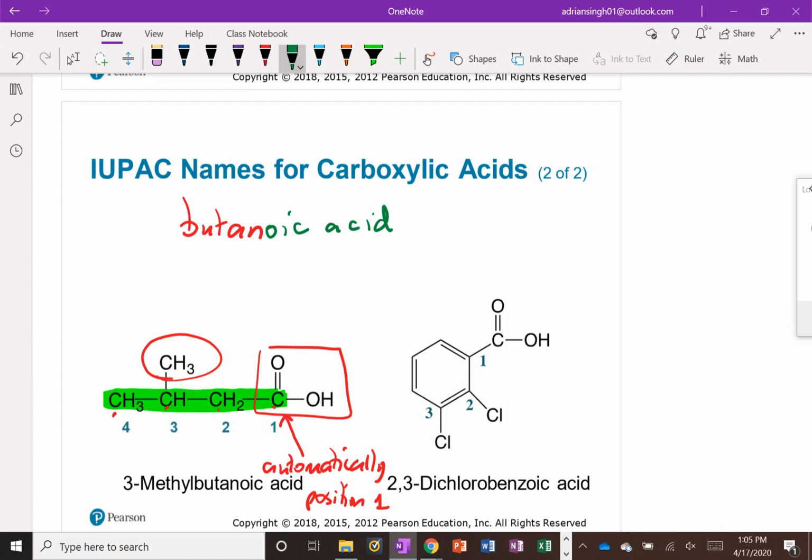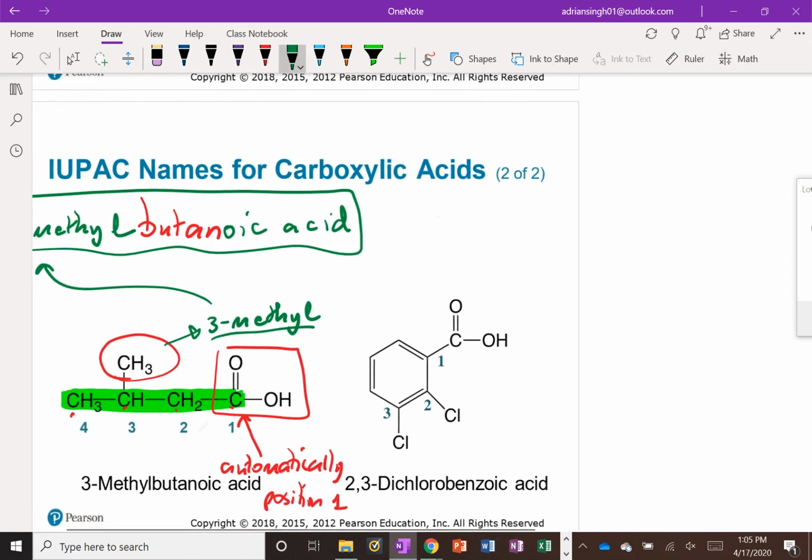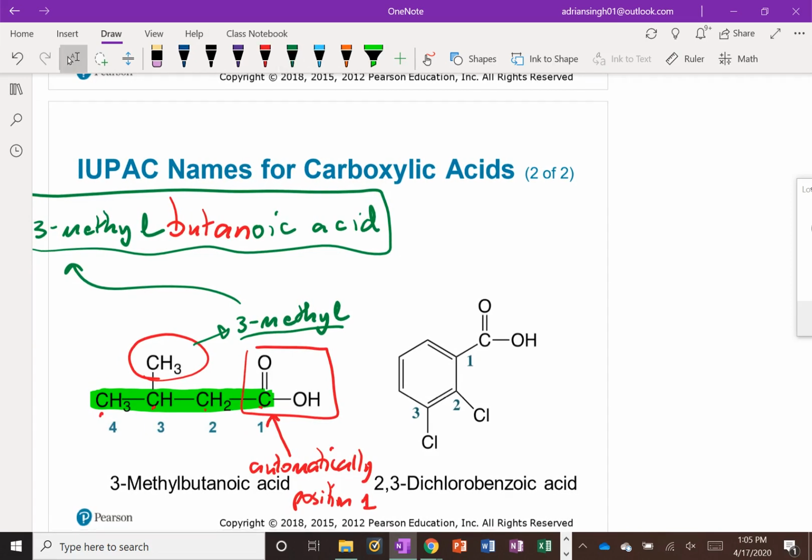So when we look at our substituents hanging off of our longest chain, we see there's a methyl here on carbon 3. Okay, so we insert that as the first part of the name. So it becomes 3-methyl butanoic acid. All right, and that tells you everything you need to know about that molecule because it's systematic following the IUPAC nomenclature.